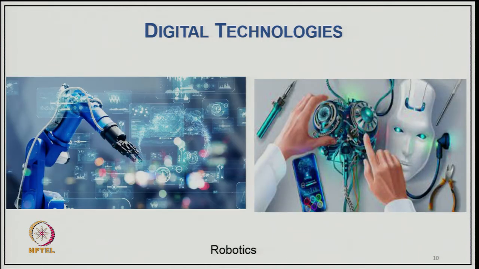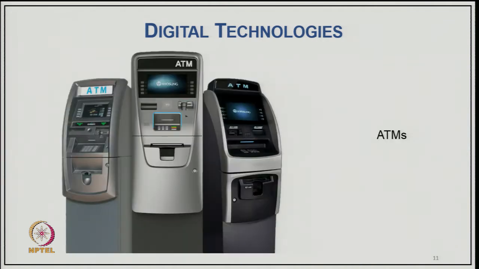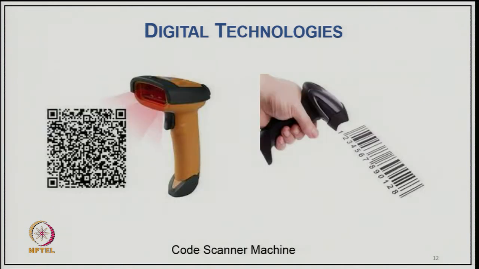Then robotics: we control robots with the help of the entire digital system or digital technology. The ATM is also a digital technology. Then code scanner machines, from which you identify a particular item.